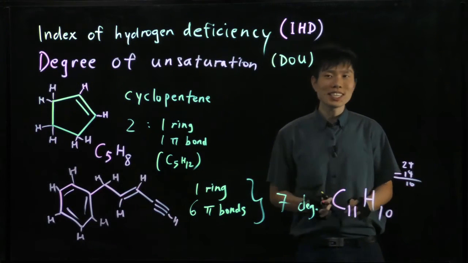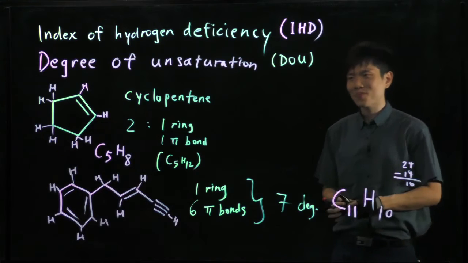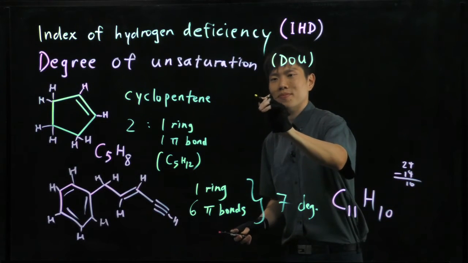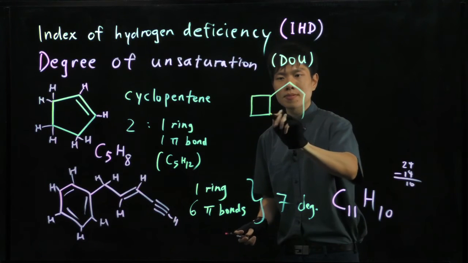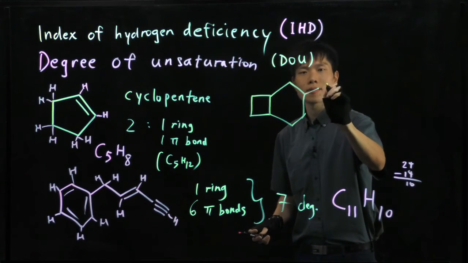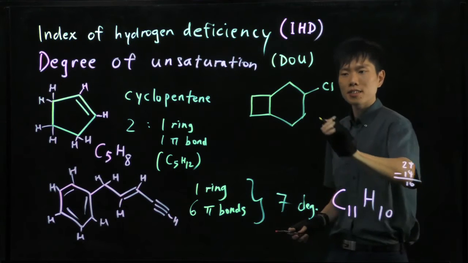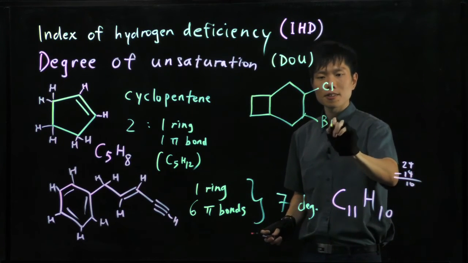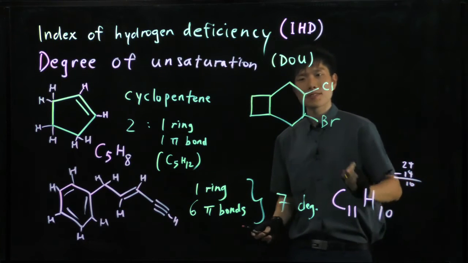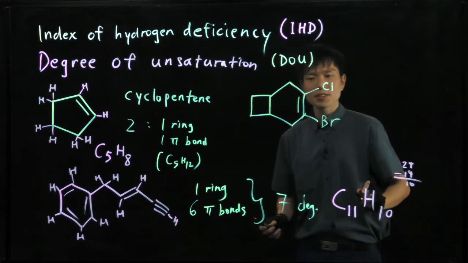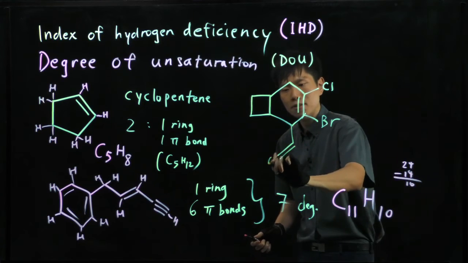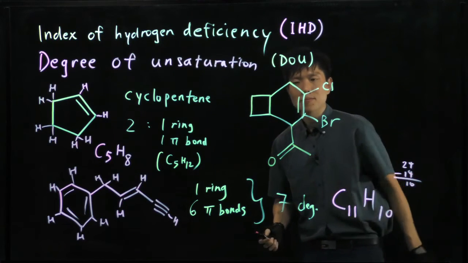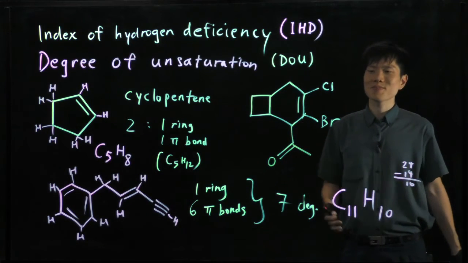Let's do one last one here, just for your practice. That's a chlorine. That's a bromine. Double bond. Okay.